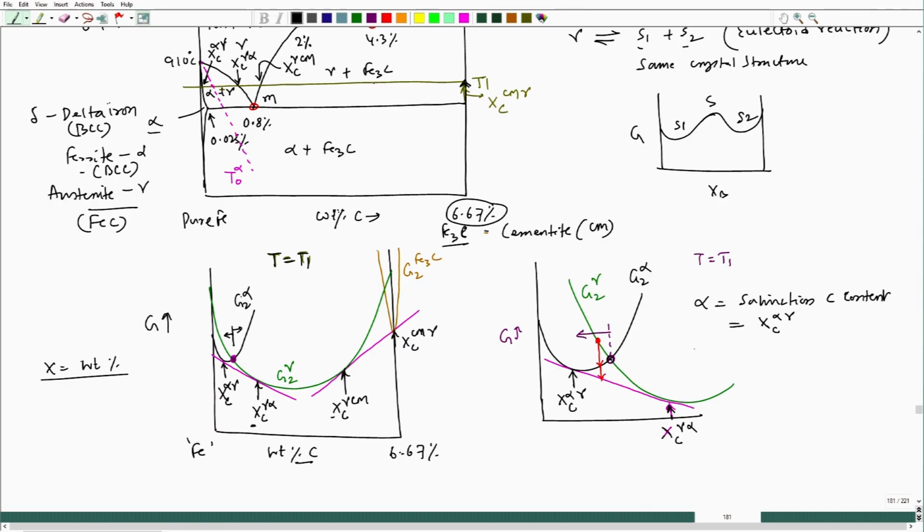Now, we are getting gamma to alpha; if I mark those points, let us say E, F, G, gamma to alpha we need to have a change from E to F. So, delta G is negative. This does not require composition change. It is not required. So, that means this is a partitionless transformation.